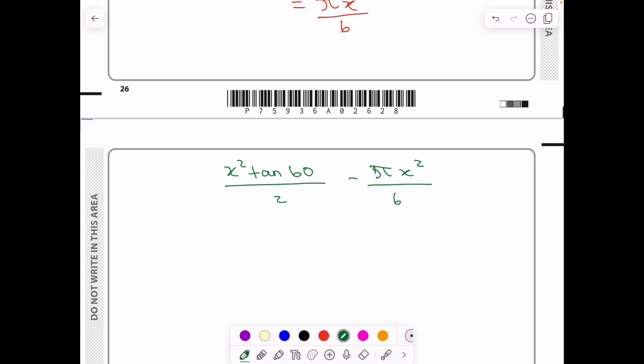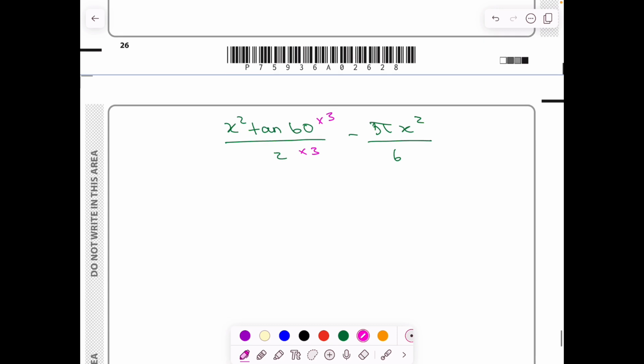I'm not going to put it straight in my calculator just yet. In order to find out what tan 60 is, I'm going to make both denominators the same. So I'm going to multiply top and bottom here by 3 to make it over 6, so that I get 3x squared tan 60 over 6, take away pi x squared over 6.